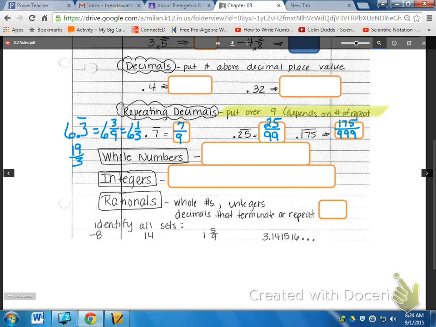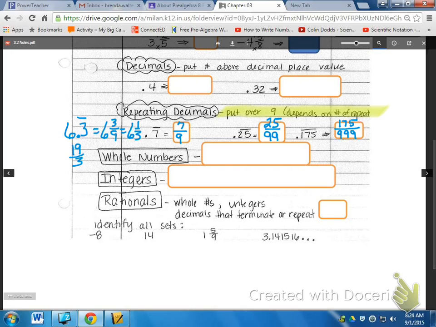You're thinking maybe of 75. 3 goes into 75, yeah, it does, but it doesn't go into 175. 1 plus 7's 8 plus 5's 13. So 3 doesn't go into 13, so 3 wouldn't go into 175. If you add up all the digits and it's a multiple of 3, then 3 goes into it.